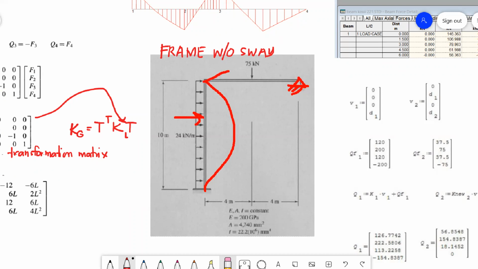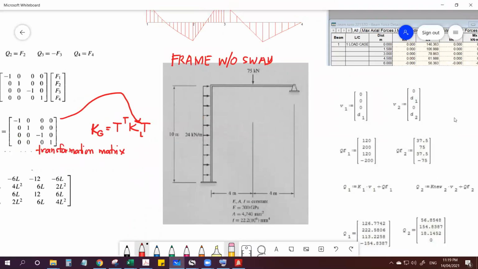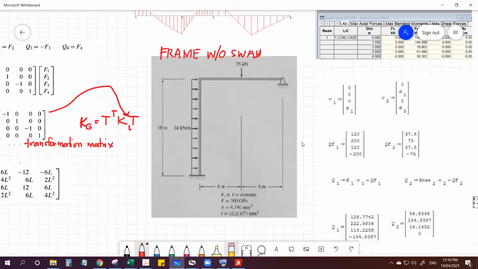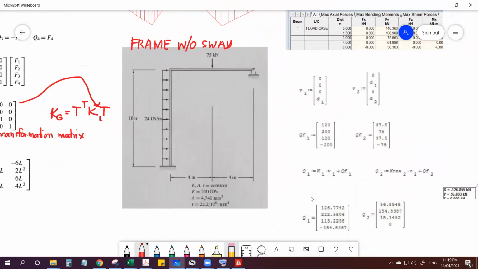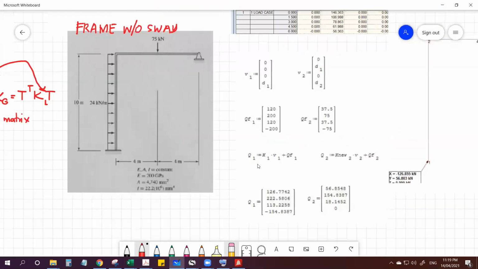Since this joint will rotate, we will also verify our solution using STAAD.